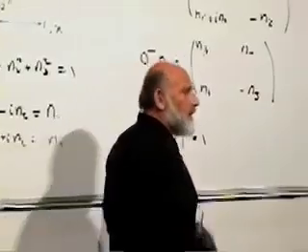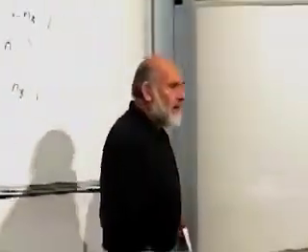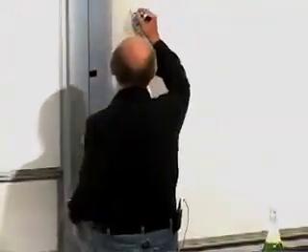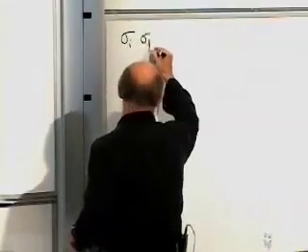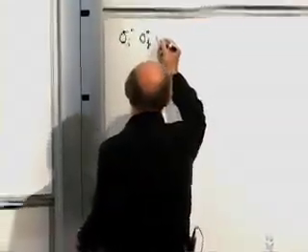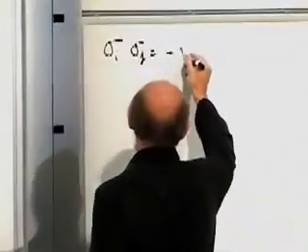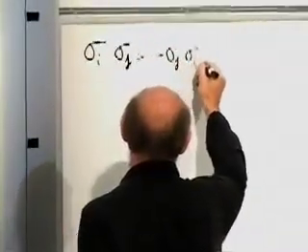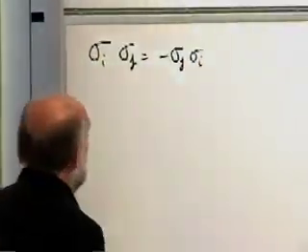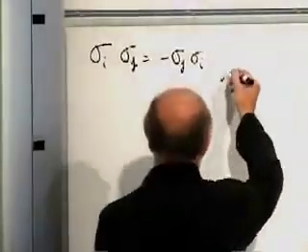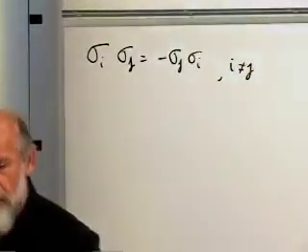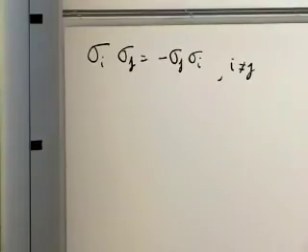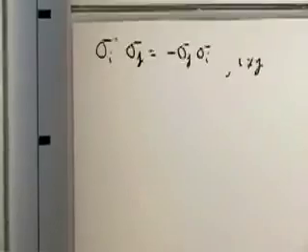I think, did I work that out last time? Yeah, and it follows from the fact that any one of the sigmas times any one of the other sigmas is equal to minus sigma j sigma i, for i not equal to j. So sigma 1 sigma 2 is minus sigma 2 sigma 1, and you can check easily that the square is equal to 1.